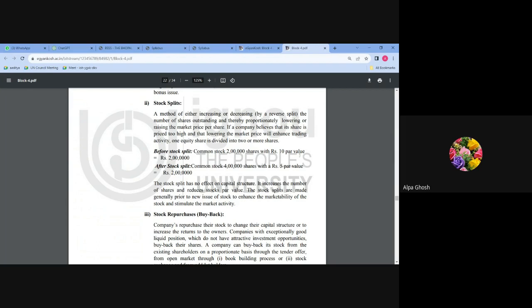Instead of 10 par value, you are splitting it into rupees 5 par value. You have divided the par value, though the amount remains the same, but the number of shares is going to be increased. I hope you are understanding what I am saying.